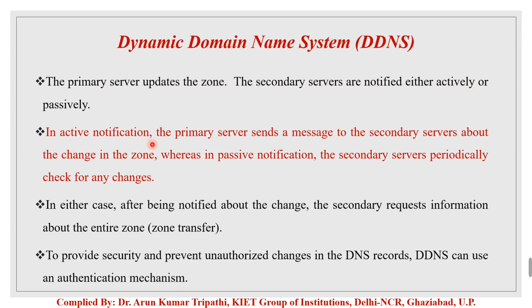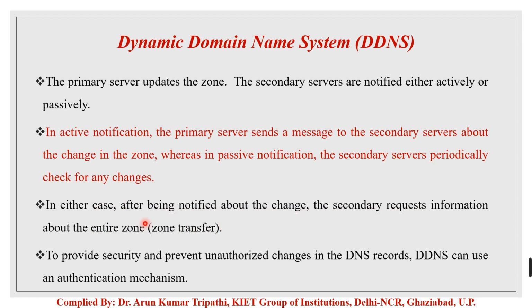In active notification, the primary server sends a message to the secondary server about the change of the zone whenever it changes, whereas in passive notification, the secondary server periodically checks for any change. In either case, after being notified of the change, the secondary requests the information about the entire zone. This is known as zone transfer.